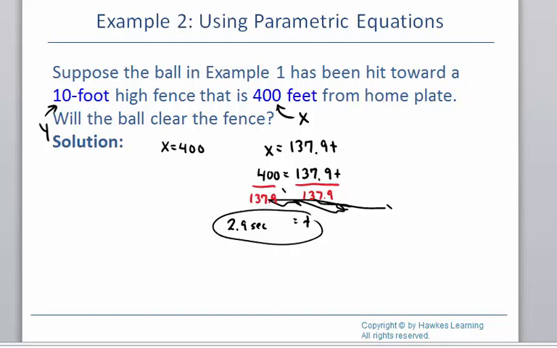So we know that when we're talking about this ball at 400 feet, the ball has been in the air 2.9 seconds. All right, so now let's look at the height at that same time. I'm going to take my formula for height, that would be the y formula, and plug in 2.9 seconds. This is going to tell me the height at that particular time.